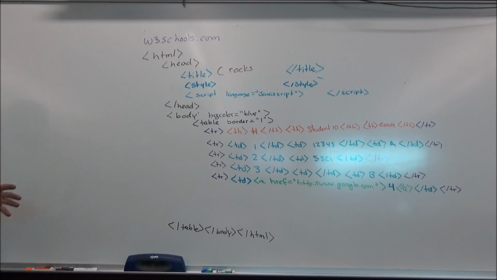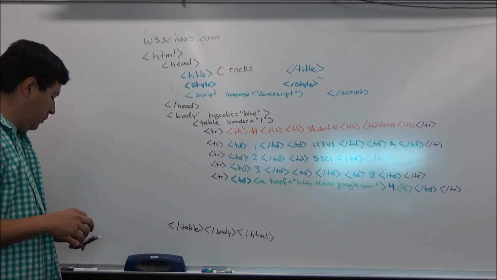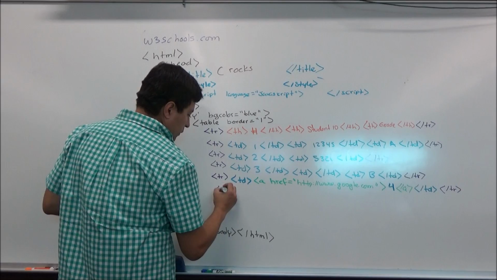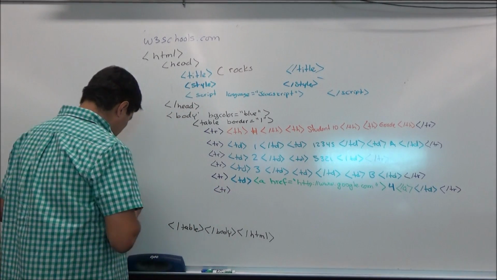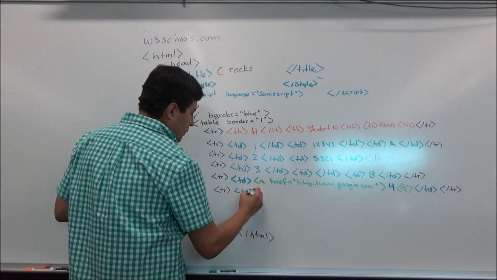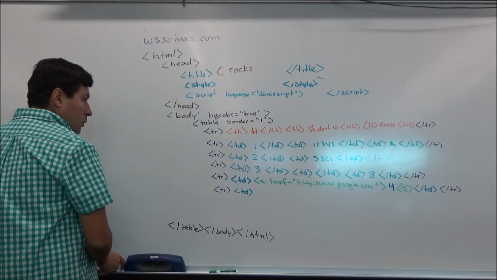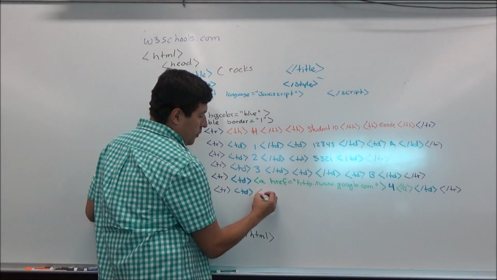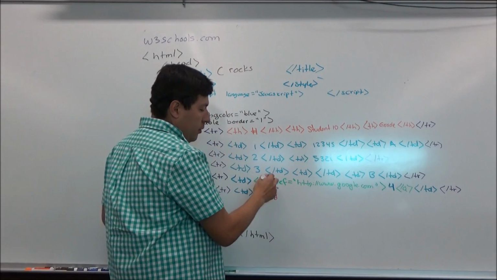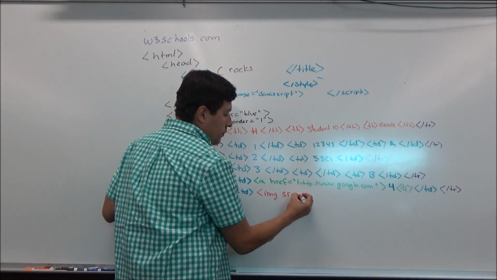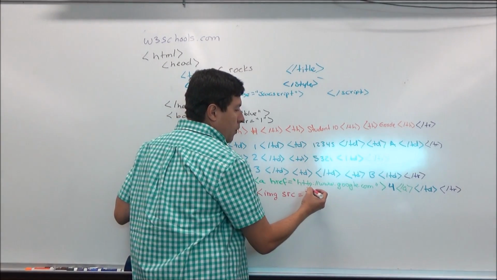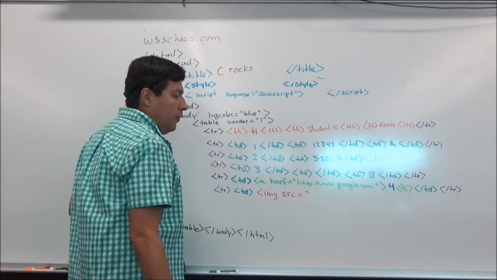Not all the tags you have to have a closing tag. One of those tags is an image tag. So if you have an image tag, it's just, and like the hypertext, actually this one is called source. And then you can put the full URL of the image.